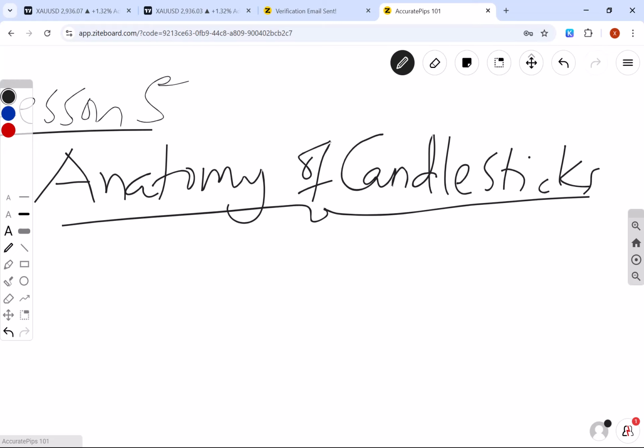This is very important because everything on the chart has to do with what? Candlesticks. And there is a behavior of the candlesticks that we need to understand. That is what we refer to as the anatomy. Now, just like the human being is made up of skeletal tissues, same way the candlesticks is also made up of its various parts and how these parts are formed.